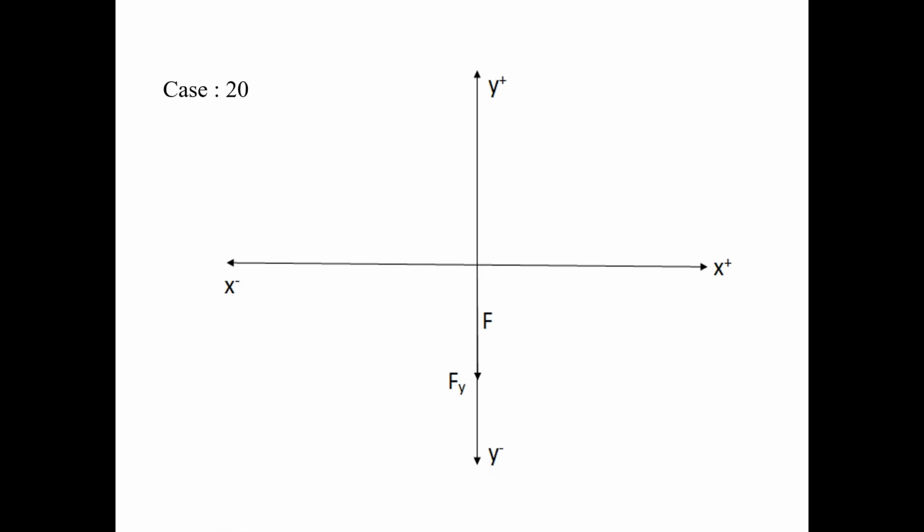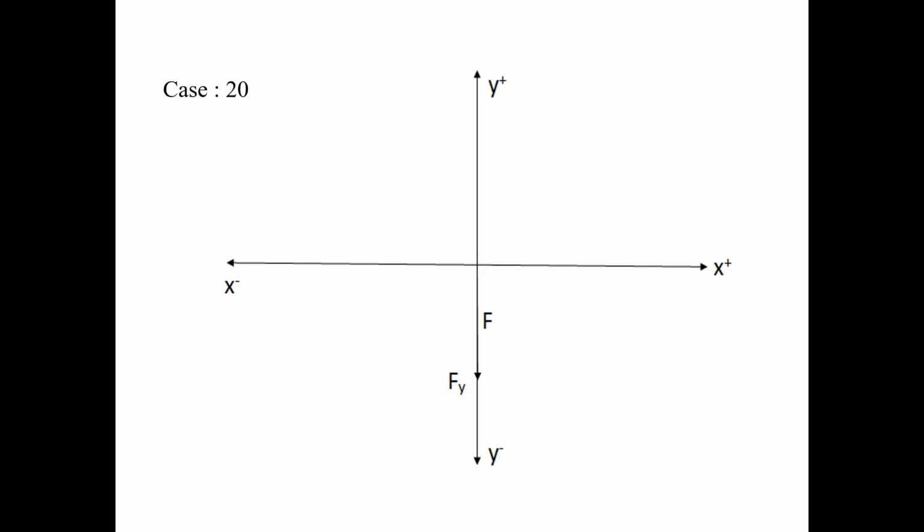So these are the important conditions in the projections of force. From condition 1 to condition 8, the force F making the angle theta with x-axis. In all those conditions, x-axis projection Fx is equal to F cos theta.